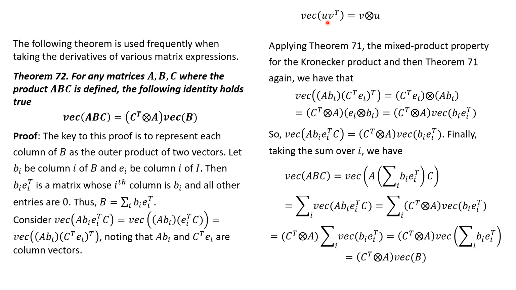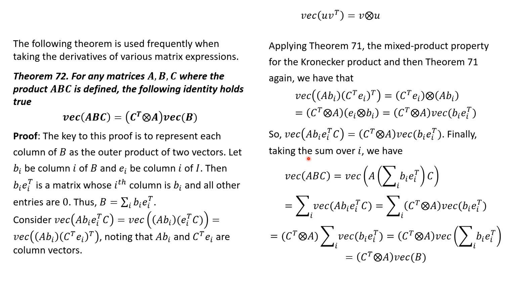And then we use theorem 71 again on just this second part of the expression. And we get this equals the vec of B sub i E sub i transpose. So going all the way back to here, this term, which we've worked through, equals this last thing here. So I've just copied the beginning and the end of our computation here.